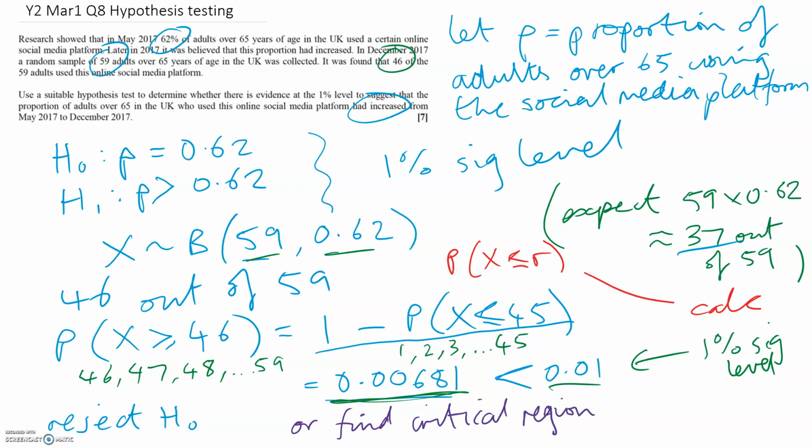And if you find the critical region, you should find the critical region is greater than or equal to 46. So 46 is greater than or equal to 46, so it would be in the critical region. So once again, you would reject H0. Whichever method you did, you would end up rejecting H0.